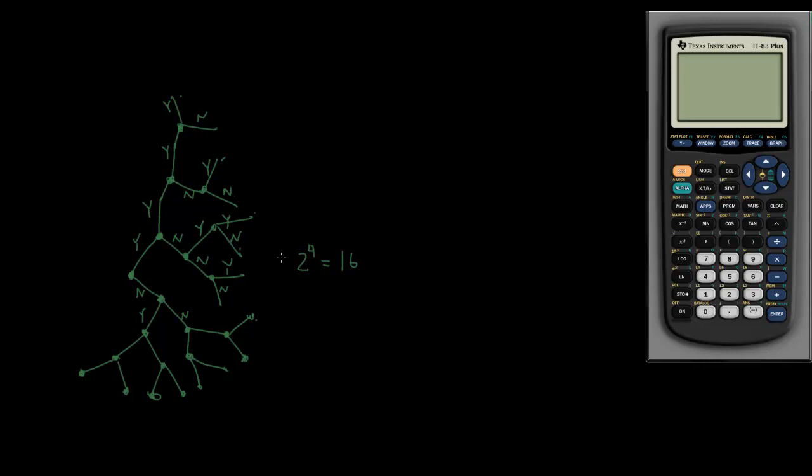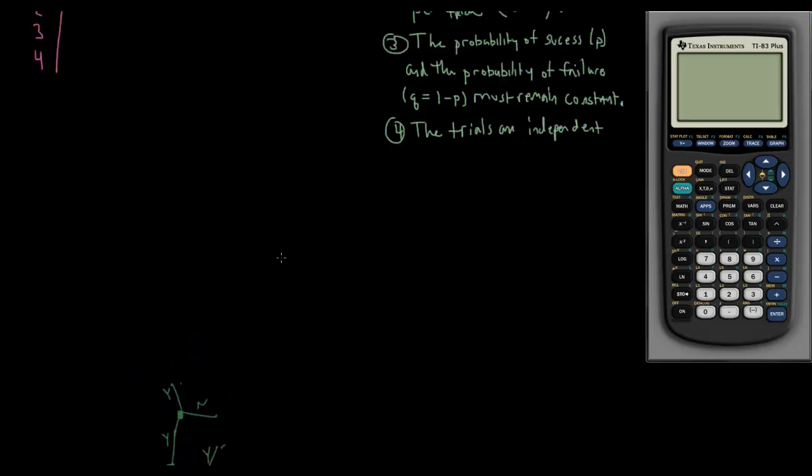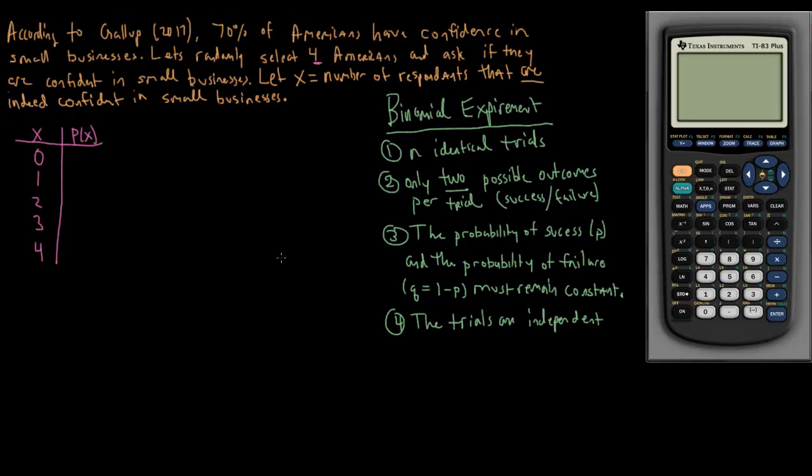So I'm going to show you how to use the binomial distribution formula to figure it out. So let's go back up here. Now, here is the binomial distribution formula. It is P of x, that's calculating the probability of x, is n choose x times P to the x power times Q to the n minus x power. Now, don't let that throw you off.